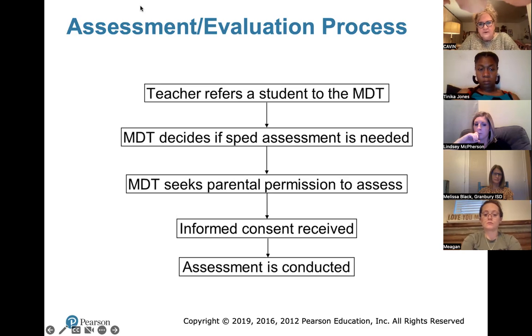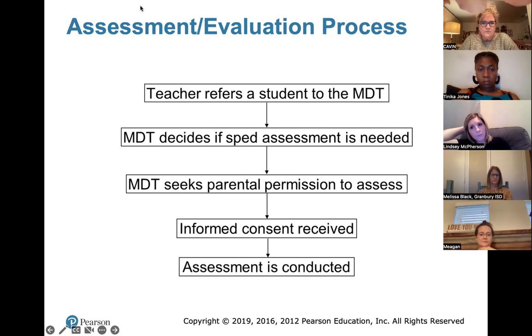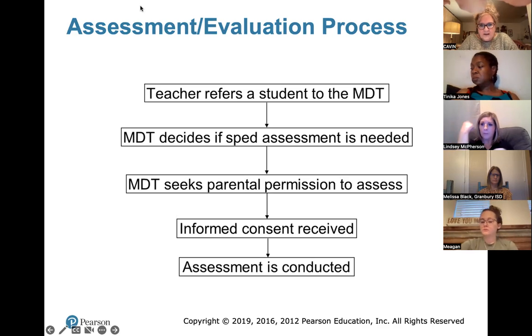Or more often, the person who made the referral doesn't have a good notion as to what a disability really looks like. And as we've talked about in our other class to some degree, we've got a lot of kids out there who test in that low range, who aren't actually disabled according to the 13 disability categories.